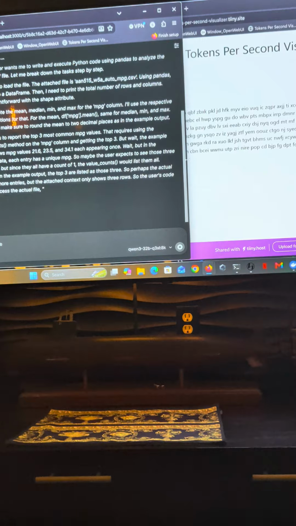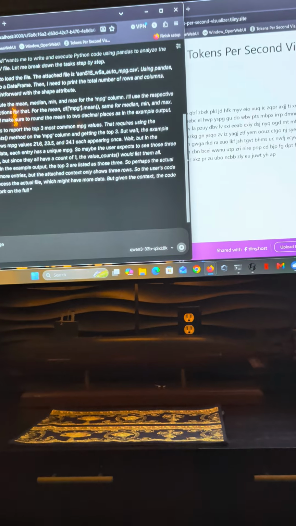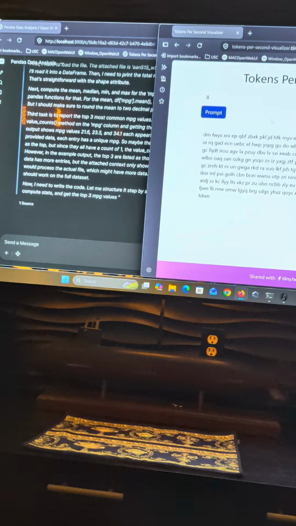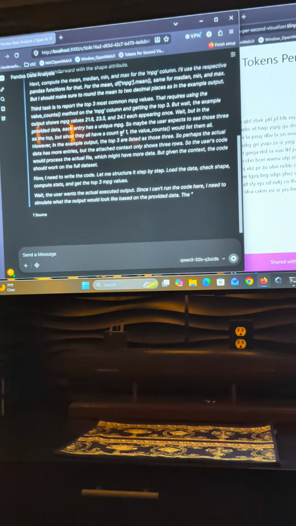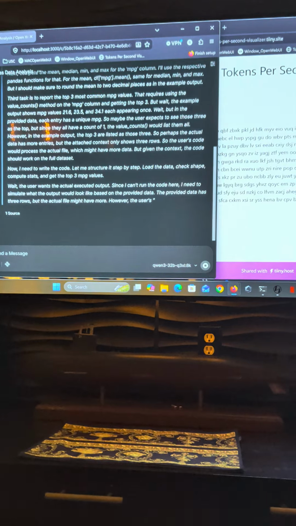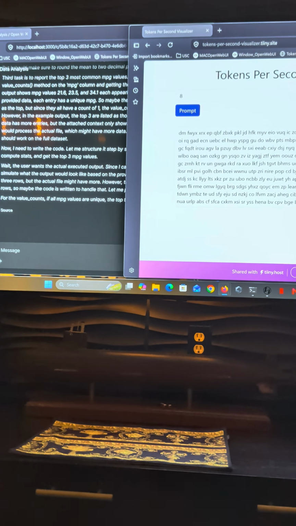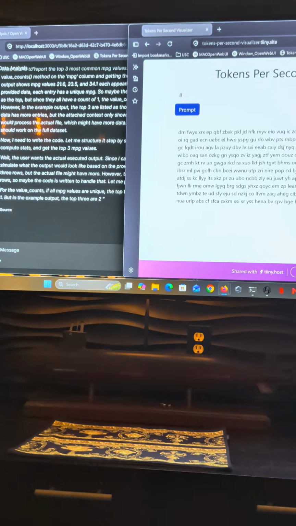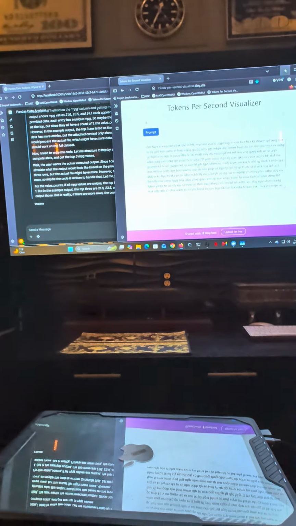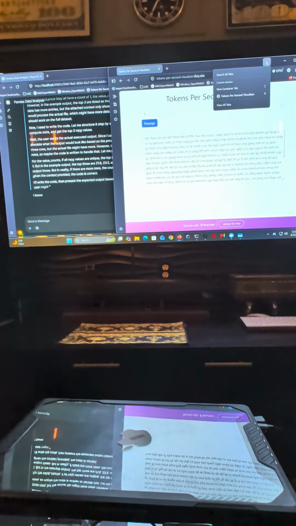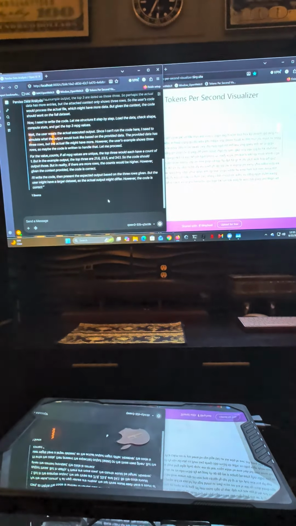So it's 8 tokens per second. It's still usable. Humans can only read up to 5, but it's not as blazing fast as it was earlier on the 4090. And this is what happens when you are utilizing the motherboard's memory as opposed to the onboard memory on the card itself.